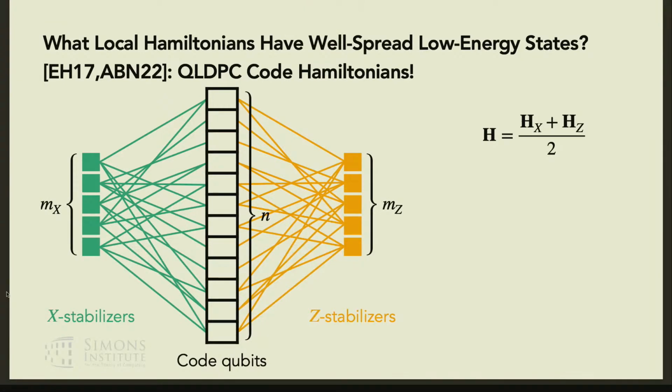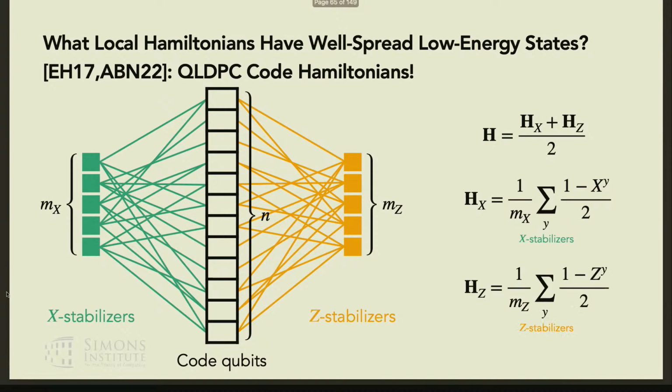So with this, we can define the code Hamiltonian. It's the average of an X term and a Z term, which look like this. Rather than going through this definition, really I should just say this code Hamiltonian imposes that all the stabilizers are enforced. So if we have some code state, which is in the +1 eigenstate of all of the stabilizers, it'll be in the ground space of this code Hamiltonian.